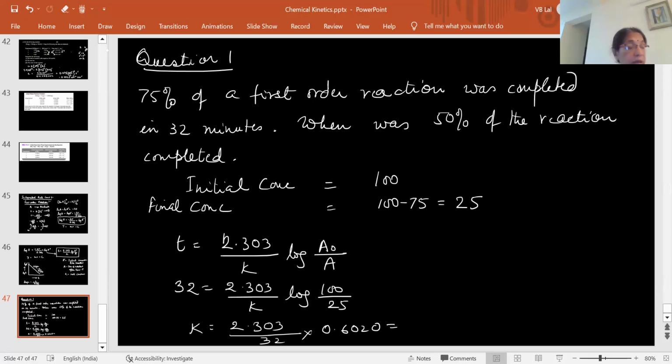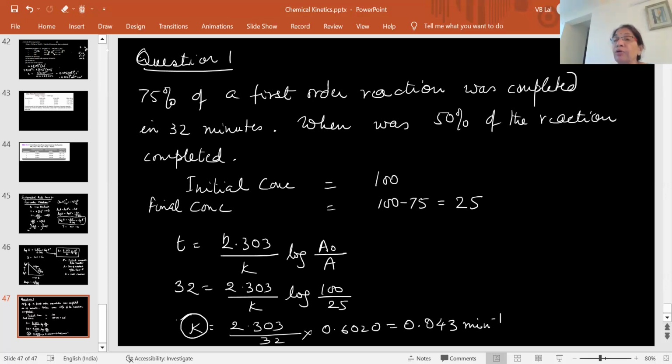So you get 0.043, and this is per minute, minute minus 1. Okay, so you found the rate constant.